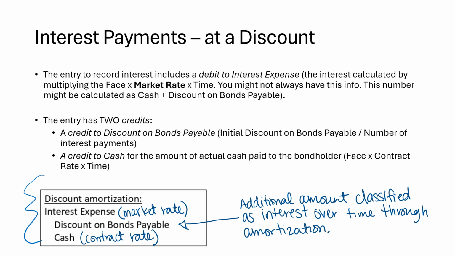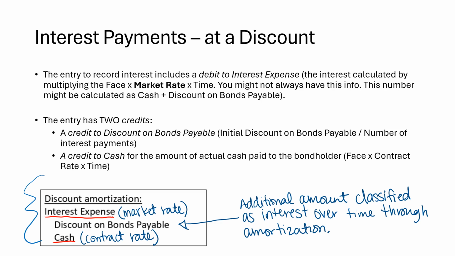What you will see that is the same is the debit to interest expense and the credit to cash, because those were the only debits and credits in the interest payment journal entry for bonds issued at par. Again, if we were to do only that here, our journal entry would not balance. So we have to include the other account that we have worked with already, the discount on bonds payable, in this journal entry.